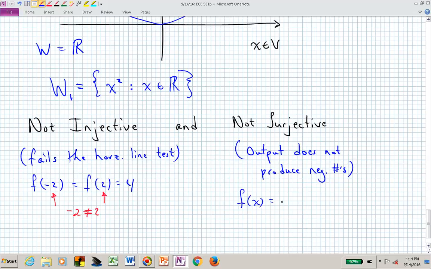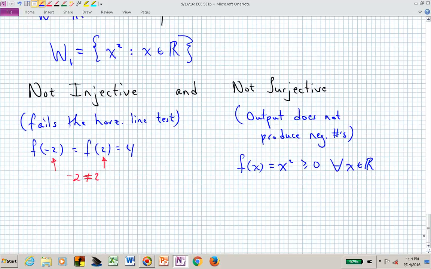F of x, which is x squared, is non-negative for all real values of x in our input vector space. Or we can say then that it's not one-to-one, and it's not onto.